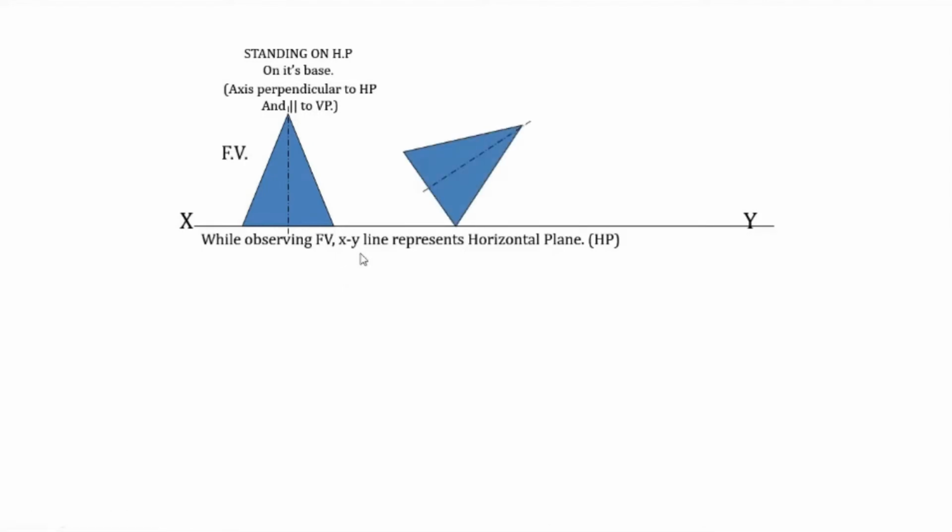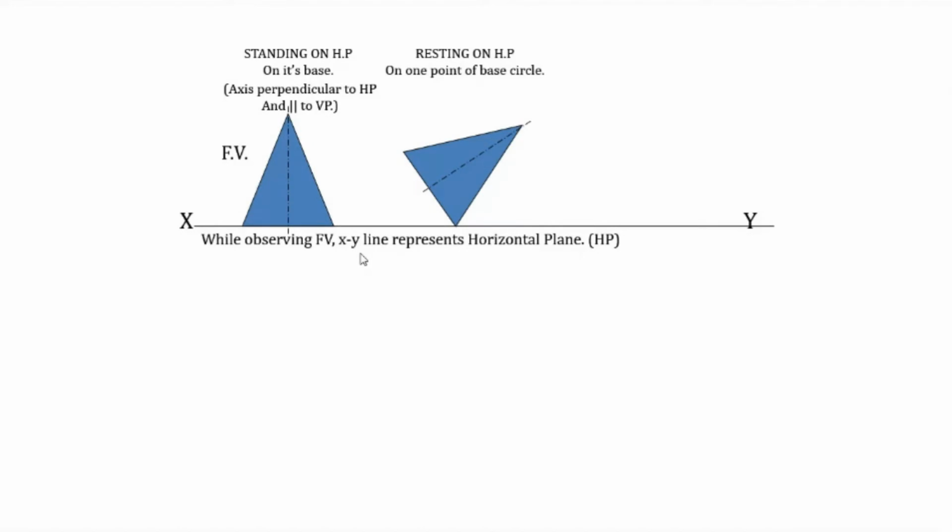Now this is another case. In this case, the pyramid is resting on HP, but on one of its base edges. So resting on HP on one point of the base circle. Sorry, this is a base circle, so it is a cone. It is not a square pyramid.